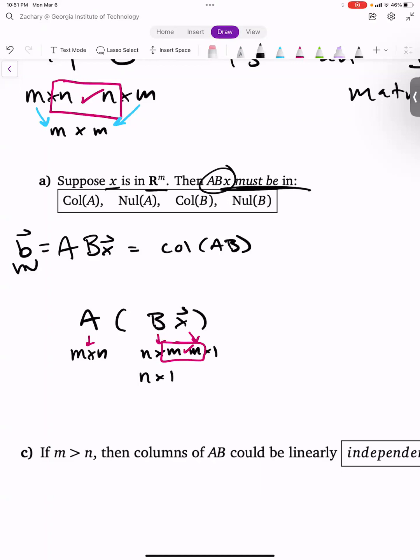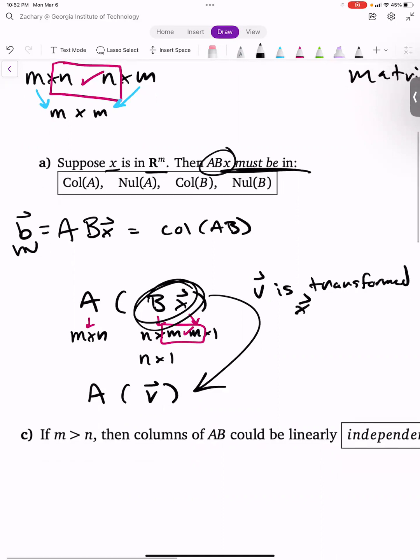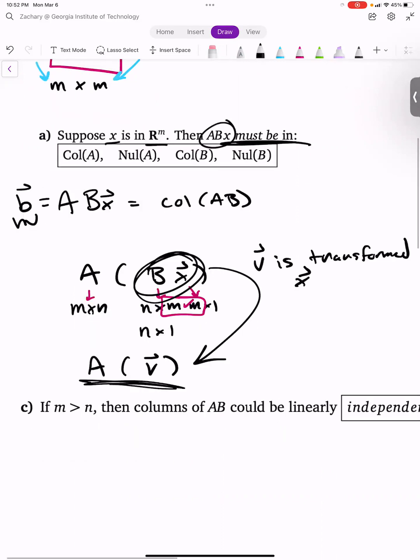So let's call this new vector V: B times X gives me some transformed vector V. So A times V is just me rewriting the original question, and from here one can tell that this is just in the column space of A itself.